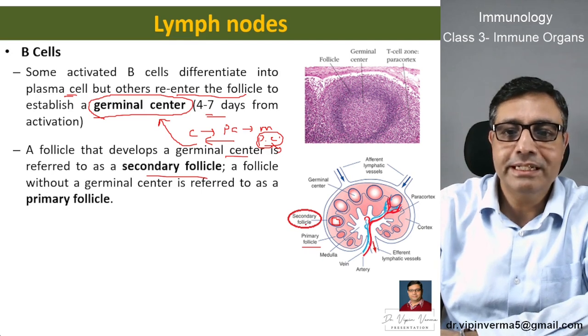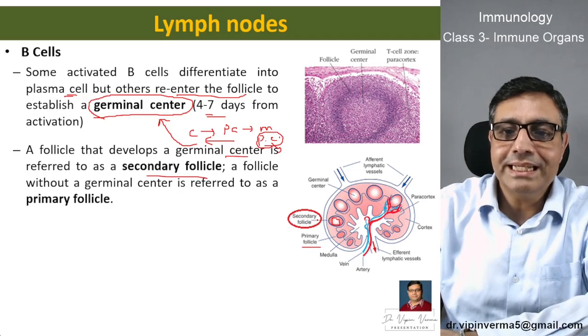You can see the secondary follicle is increasing in size, and not only that, the germinal center is also increasing in size. Here this is small, then this is larger, and here you can see the largest.